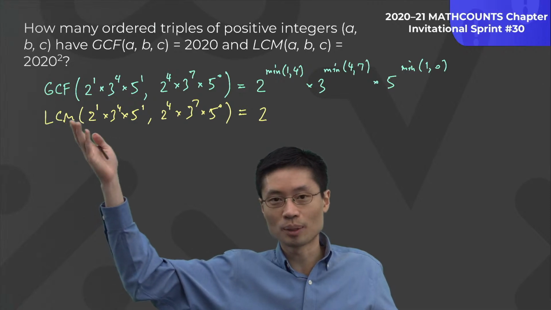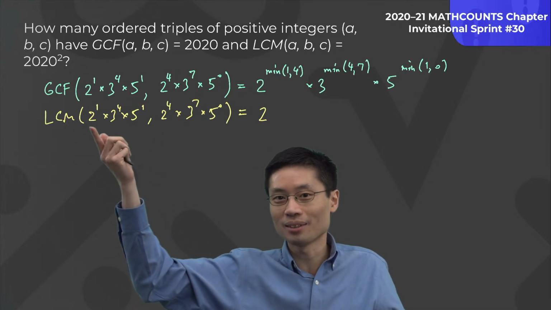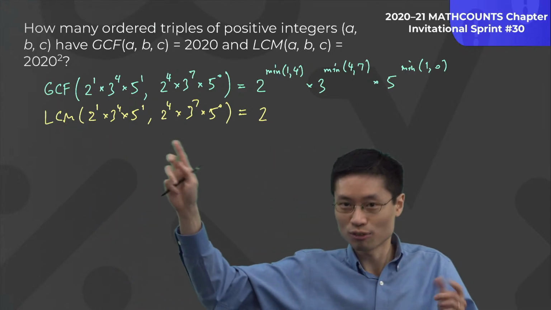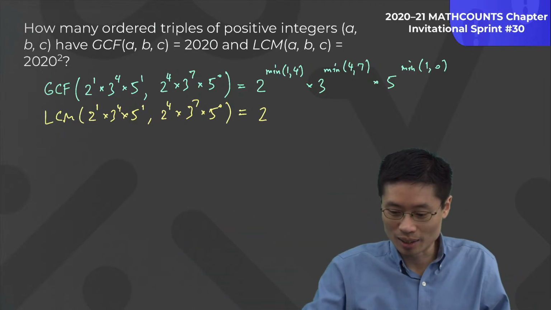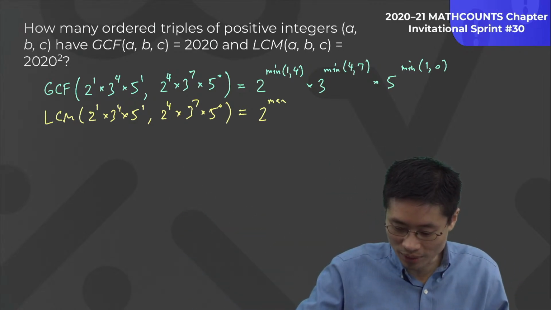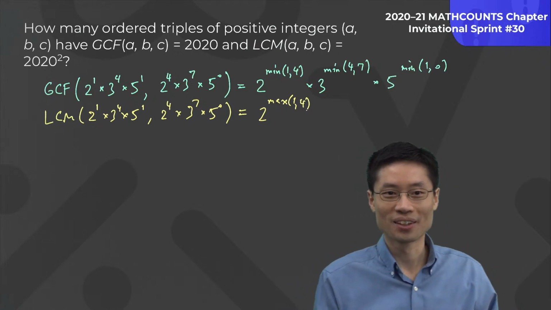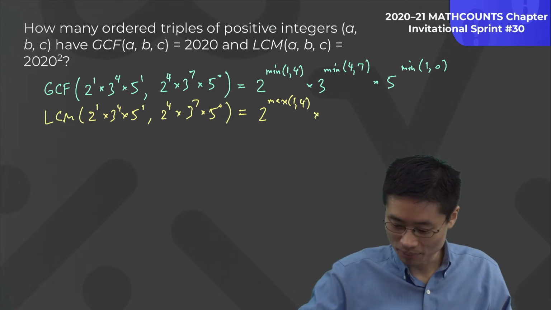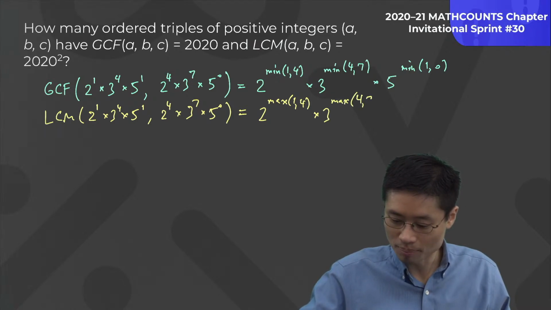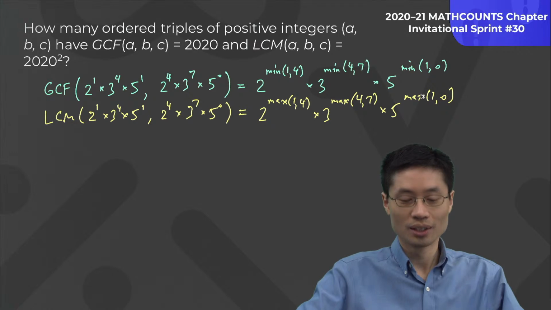Because to be a multiple of this one, you need at least 1 2, and you need at least 4 2's here. So you need at least the maximum of 1 and 4 for the number of 2's. Now, how about the number of 3's? The only thing that changes is that min changes to max. Max of 1 and 0, so that's cool.